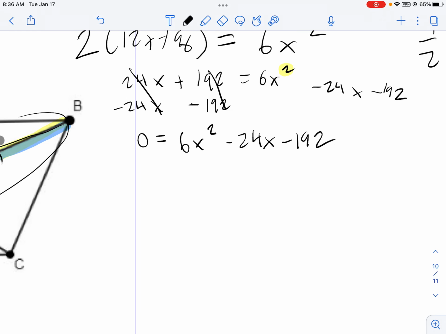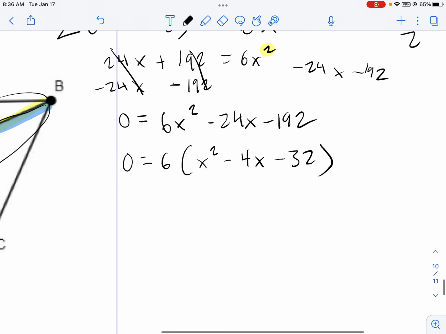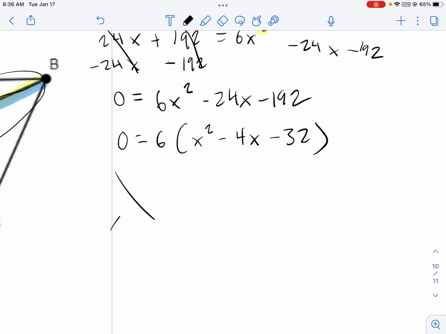Then from there you would just solve. If we're solving by factoring, my first step is to take a GCF, which is 6 in this case. So we have 0 equals 6 times the quantity x squared minus 4x minus 32, since 192 divided by 6 is 32. Now you just finish factoring. Your middle number is negative 4, and your first number times negative 32 is negative 32.